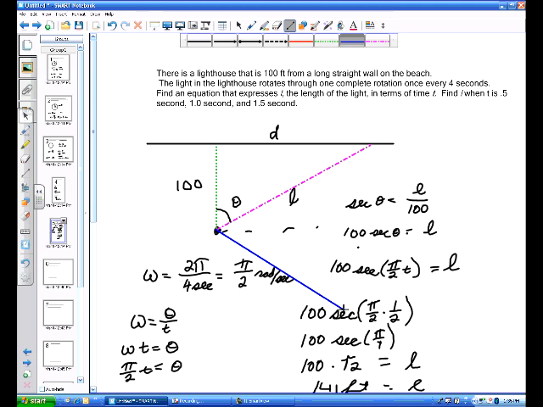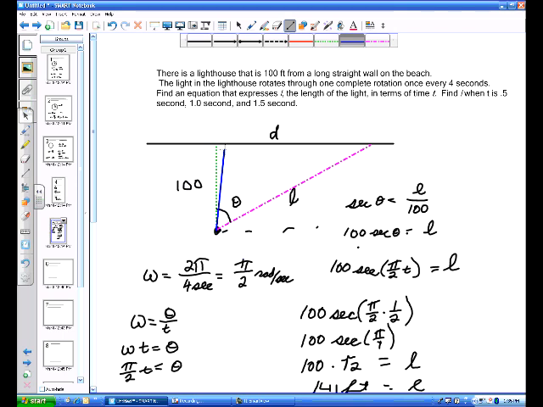And again, that doesn't necessarily make sense, but it says it's negative because remember the light shines out in both directions. And so we're shining out in this distance, and that's why it deals with the negative. The light shines in both directions on the lighthouse.